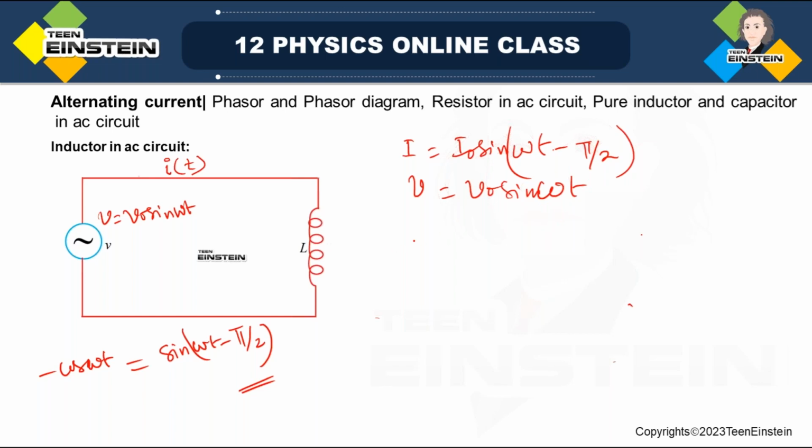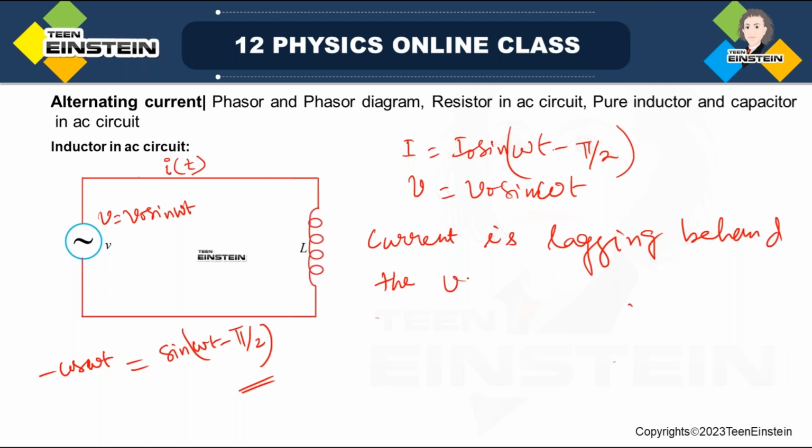So here we can see that the current is lagging behind the voltage by pi by 2 radians, or 90 degrees. So this is the current-voltage relationship.